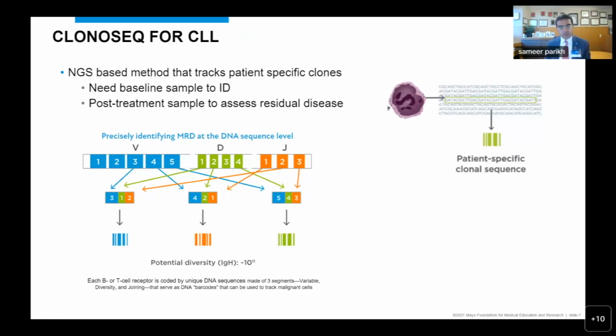Depending on which malignant cell has expanded and become malignant, you can track the sequence, and that serves as a barcode, a signature for that particular patient's malignancy. That code has expanded and occupied the vast majority of the B cells in the patient's peripheral blood, and that identifies the CLL sequence.